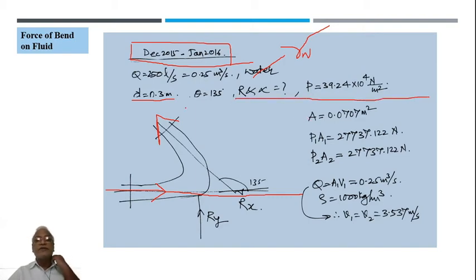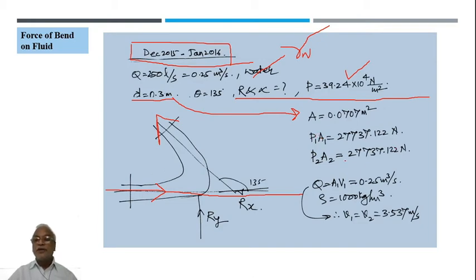Now area, if I calculate with the diameter D, comes out to be 0.0707 meter square. Now I can calculate P1A1. There is no change in diameter, because of that A1 is A2. Pressure is also not changing because there is no change in velocity.